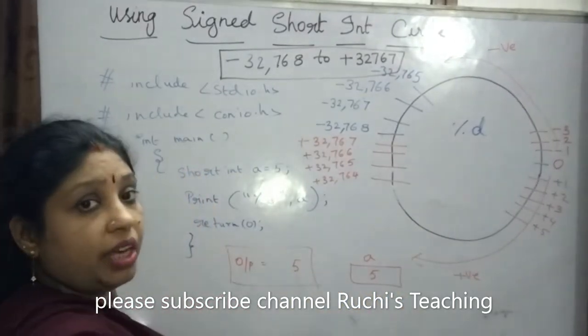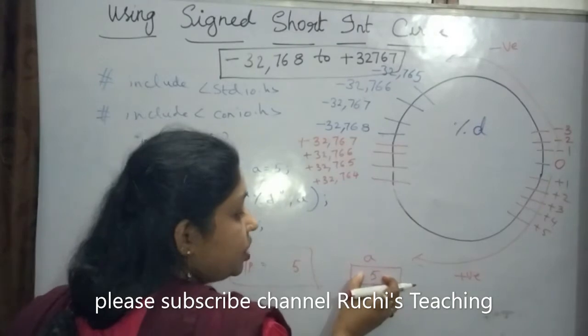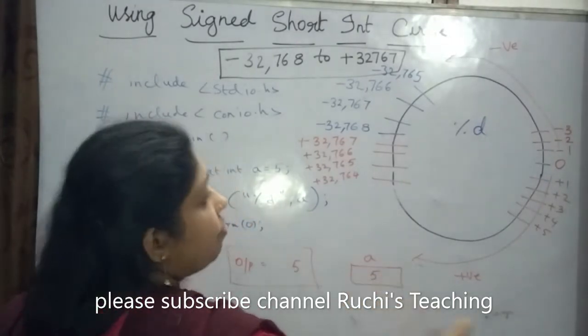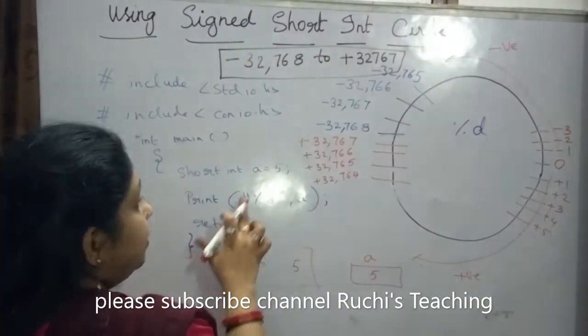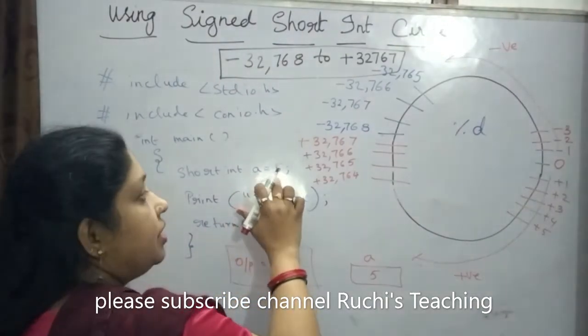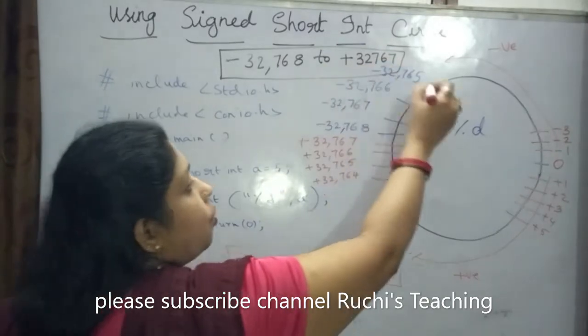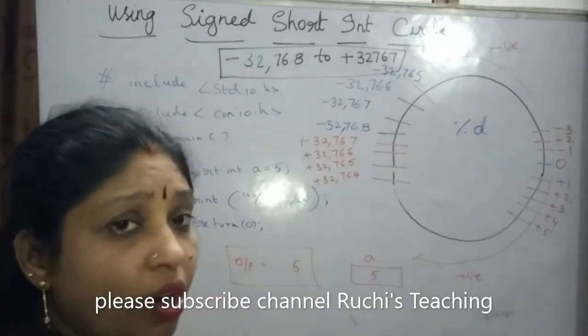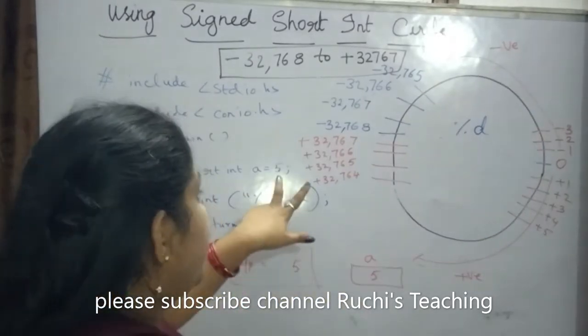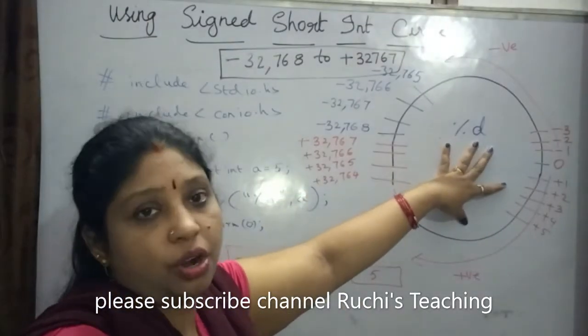When it is going to keep this 5 in this memory space, the moment you have declared this, the compiler will go to this circle and start checking. What checking will it do? Whether this number 5 is there in this circle or not.